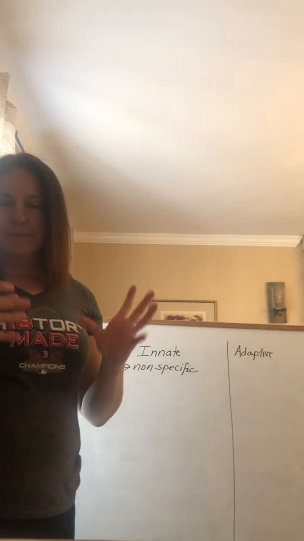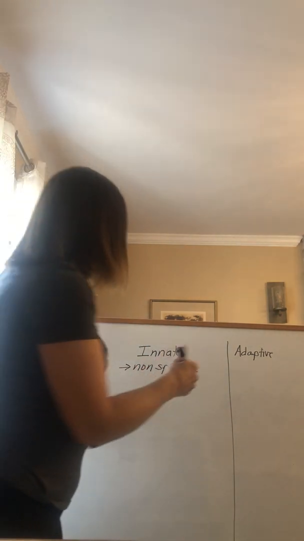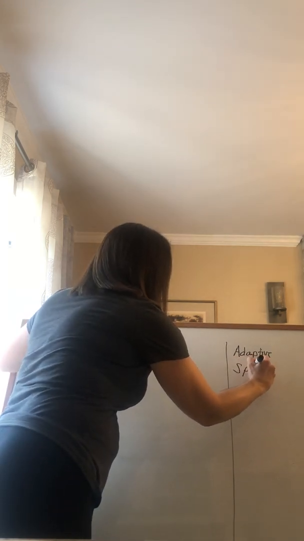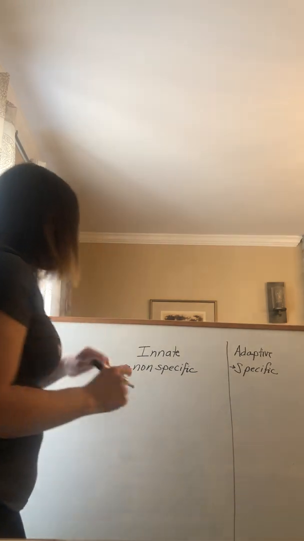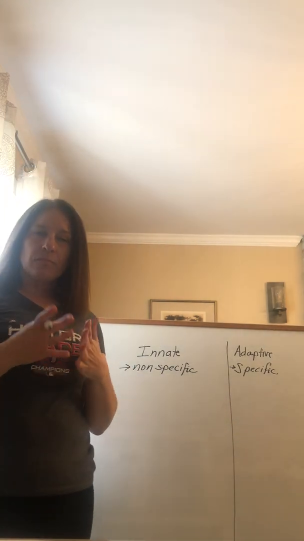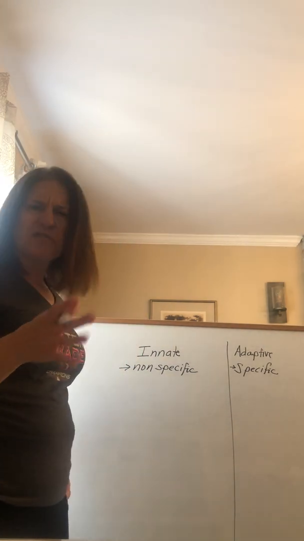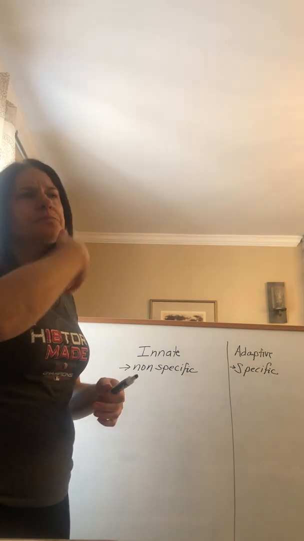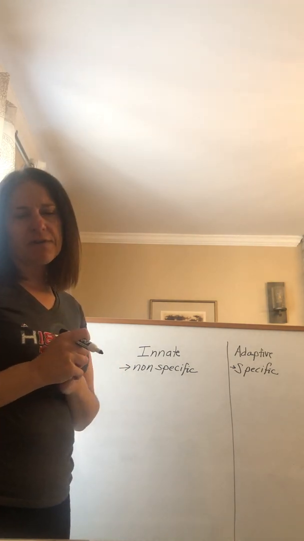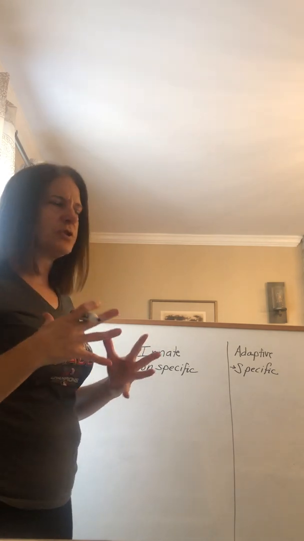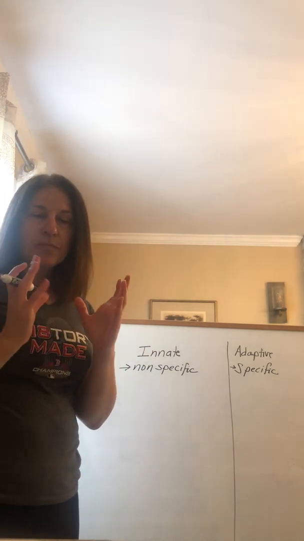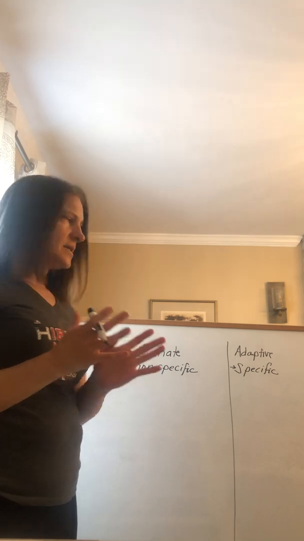If you're talking about your adaptive immune system, it's much more specific. So when you think about what non-specific and specific mean, well, it's not necessarily directed at a particular agent. Some of these things are very broad spectrum, which when we start going through parts of the innate system, that'll make a lot of sense.